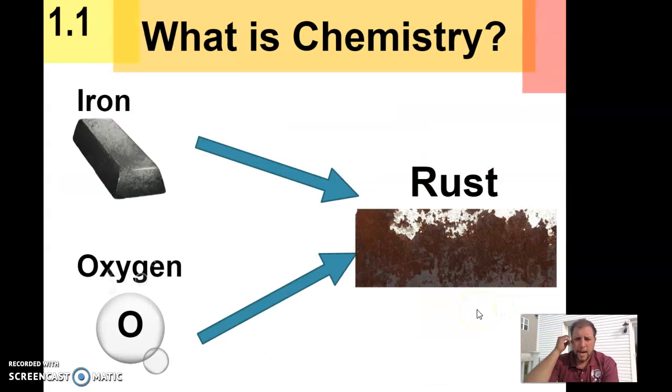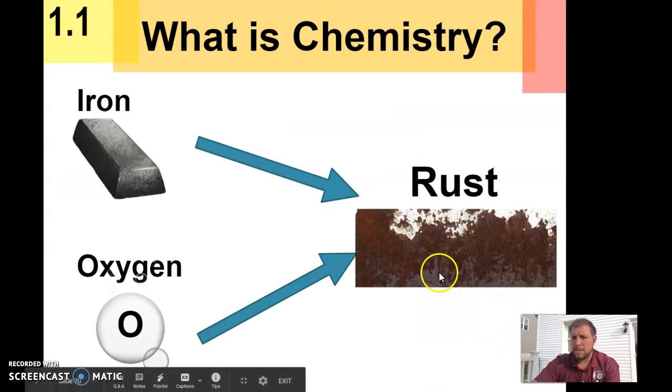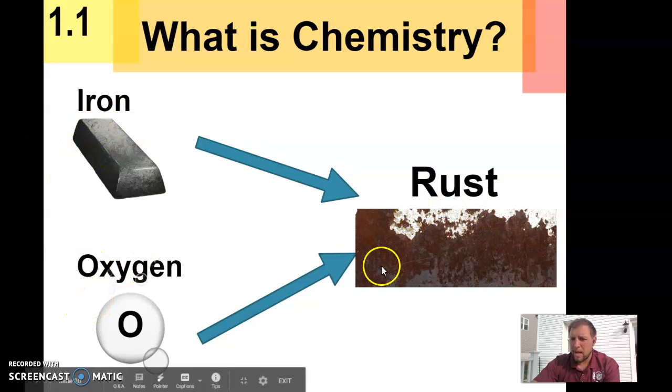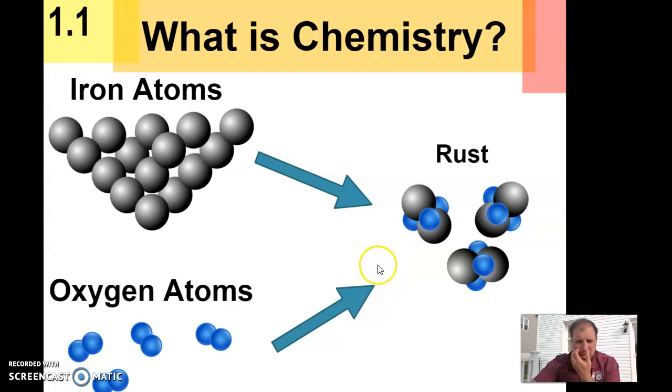So once again, iron and oxygen, two elements that come together to form a compound, rust. And again, you know what iron is like. You've seen metal. Oxygen is a gas. Rust doesn't seem anything like that. Here's what's happening at the atomic level. Iron atoms and oxygen atoms come together under special conditions and combine to form rust.